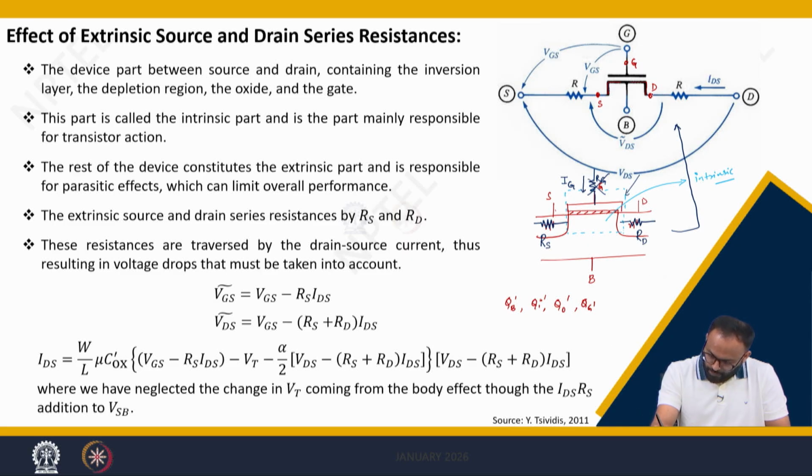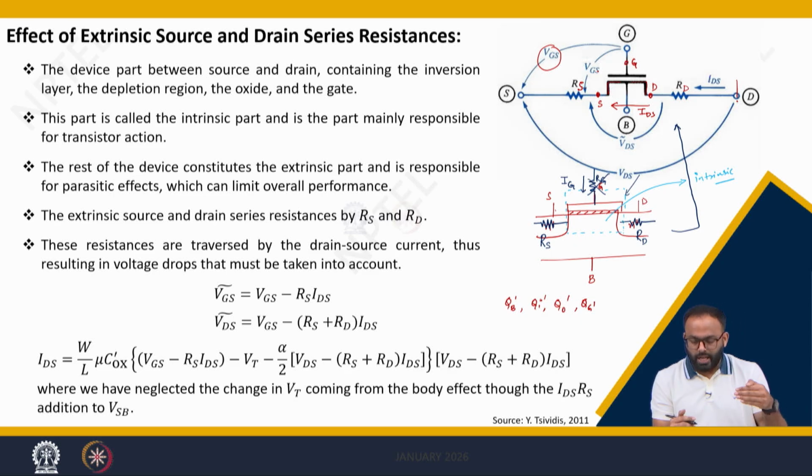So there will be a drain resistance which can be denoted by Rd, and a source resistance which can be denoted by Rs, and current flows between the drain terminal and source terminal in this direction, which is IDS. So you see the effective terminal to terminal voltage, which is VGS, is this, not this. It means the effective VGS actually experienced by the intrinsic part is not VGS, it is VGS dash, or you can say VGS cap.